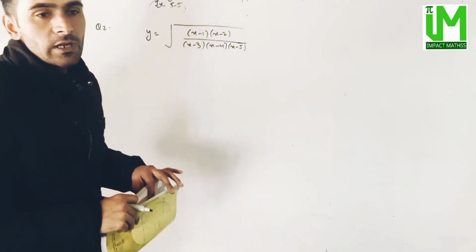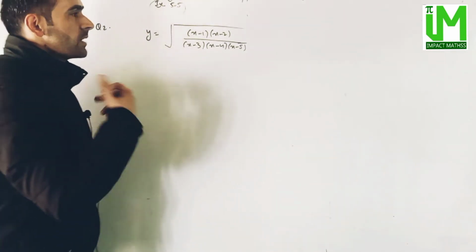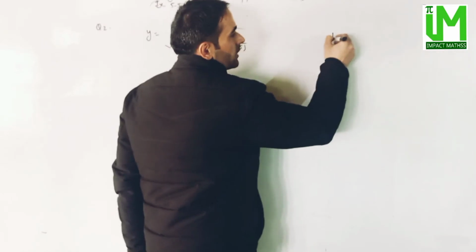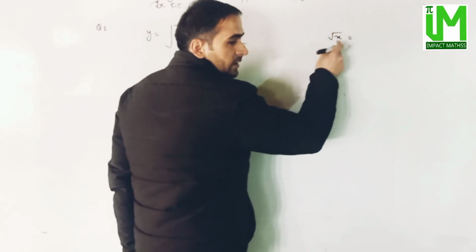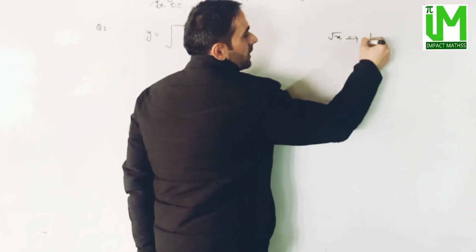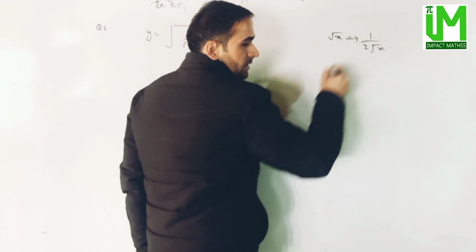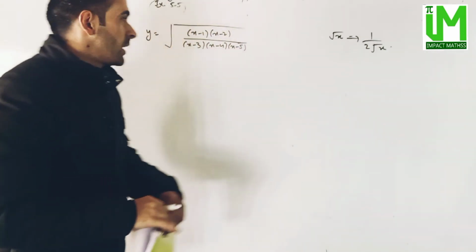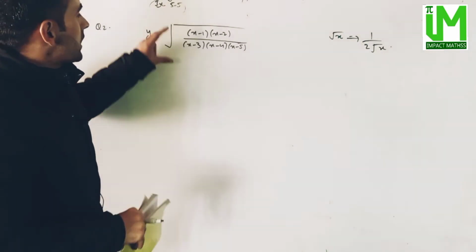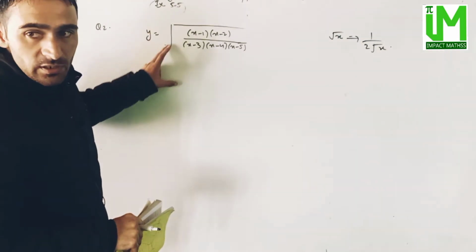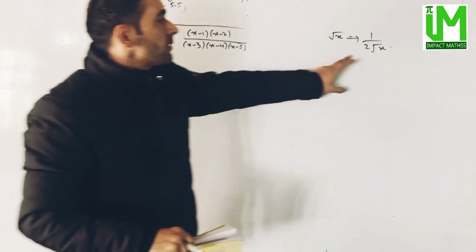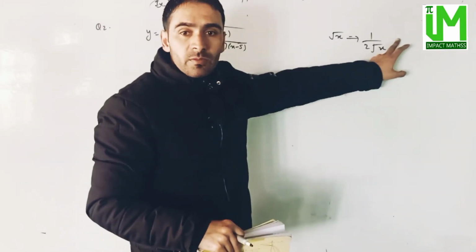We can differentiate this without applying log. But what is the problem? We know the differentiation of under root x is 1 divided by twice under root x. But here, this whole thing is under root. We have to again differentiate it. Function of a function.